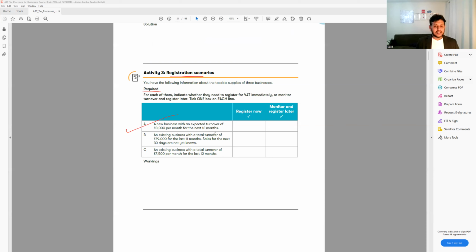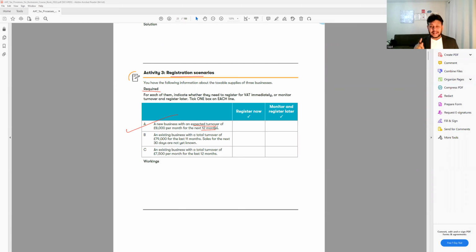The first scenario says, a new business with an expected turnover of 8,000 per month for the next 12 months. Be careful. Remember that it's an expected turnover for the 12 months. We cannot take expected turnover for the next 12 months.